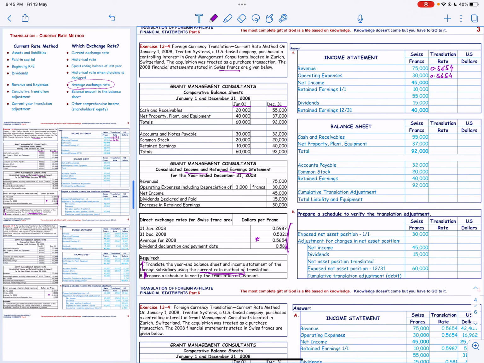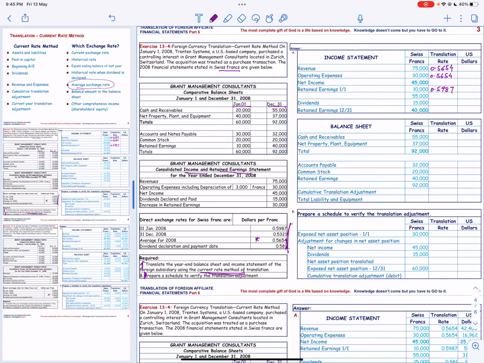Regarding retained earning, we are going to use the historical rate, that is the rate on 1st of January, that is 0.5987.